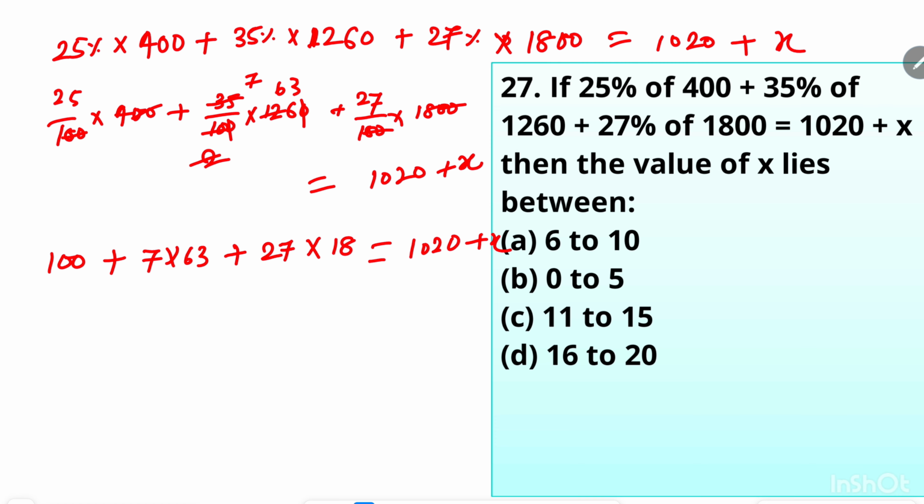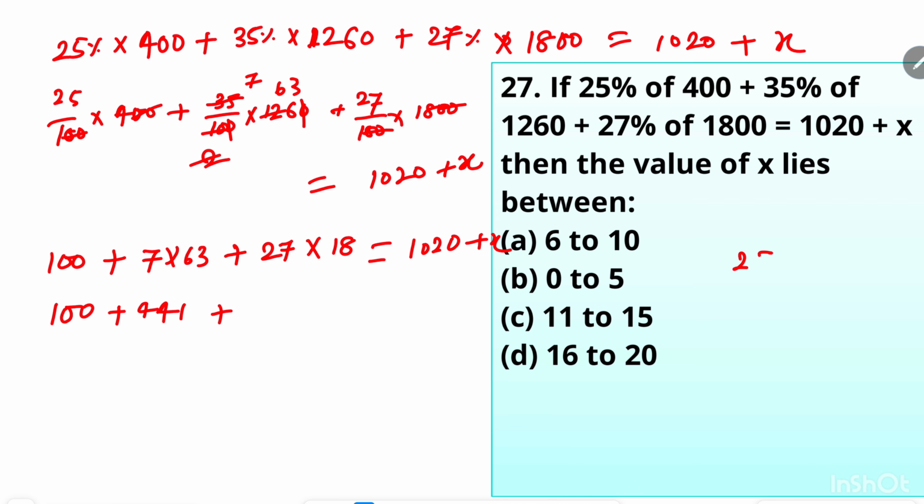Let's do this further. 100 multiplied, yes, this number you will get.